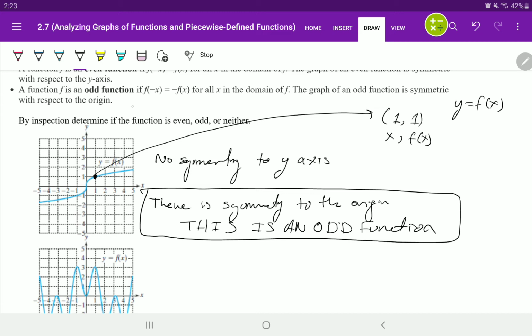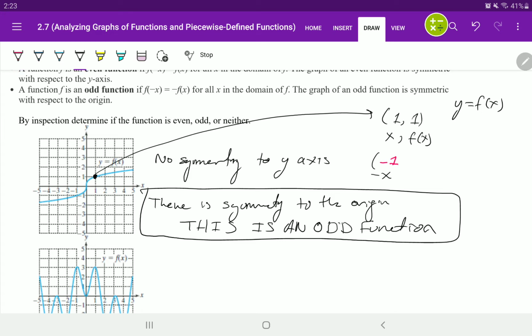Now, it says if a function is an odd function, f of negative x will equal negative f of x, which means to determine if it's an odd function, I'm going to change the sign of the x value. So if x is 1 in this case, then negative x will be negative 1.